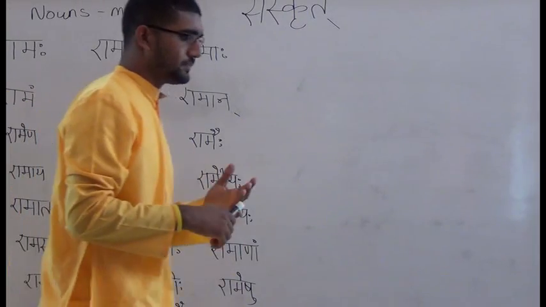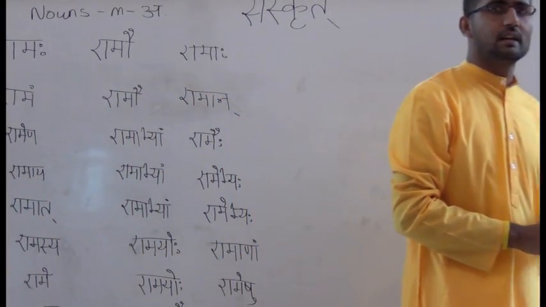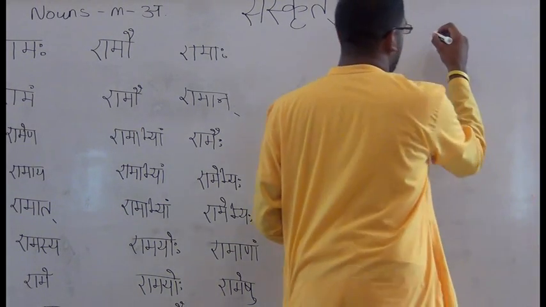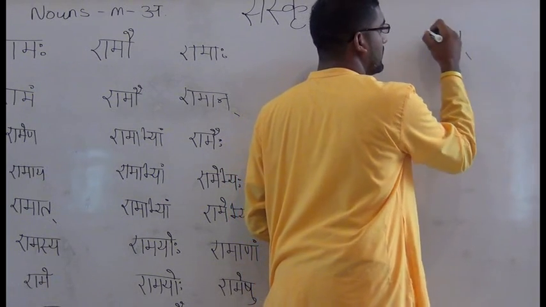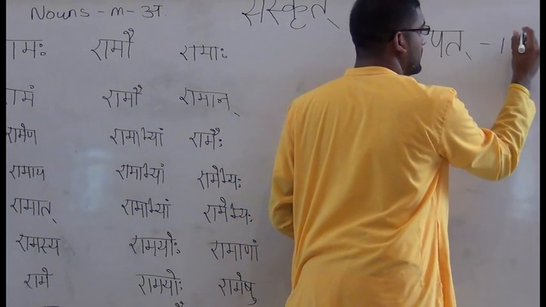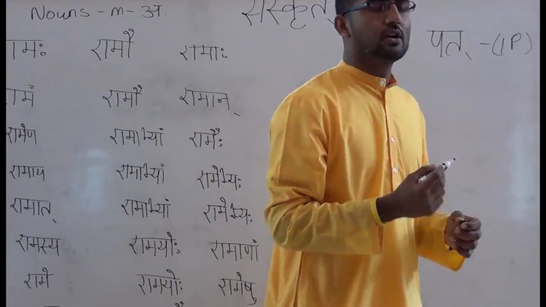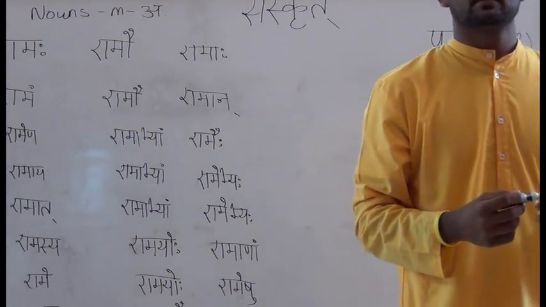Right. So, we have masculine nouns ending in a. We have neuter nouns ending in a. We have the conjugation. Pat means to fall. It is 1P. What does 1P mean? First conjugation, parasmaipada.